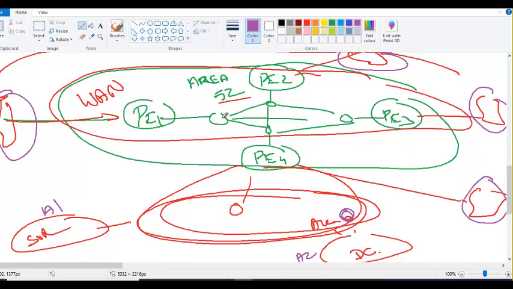Through VPN, it will go, so you will not be redistributing. Don't worry. I know what you're trying to ask. From BGP knowledge, you're asking. So those things are not necessary because we are going to have a tunnel between provider edges with one route reflector in the middle. Later, we'll see that. So, provider networks and customer networks, no way they're going to get mixed. They will never get mixed.